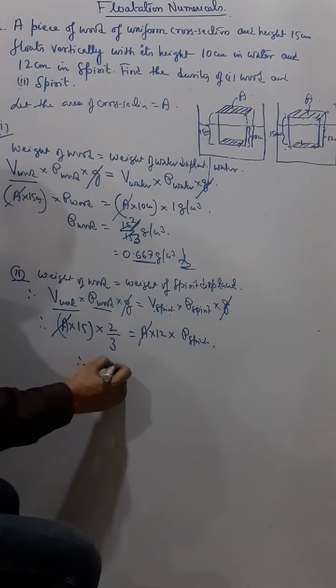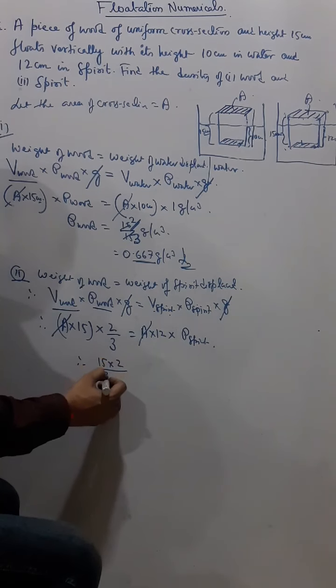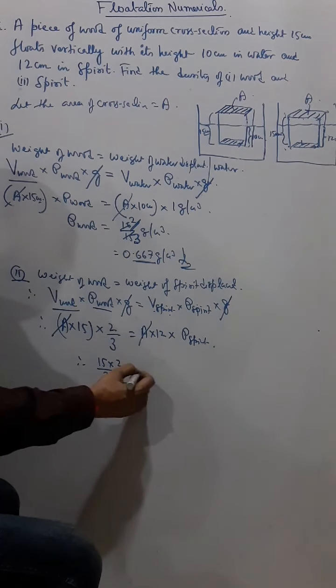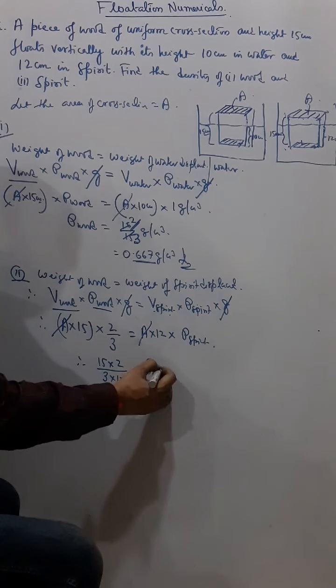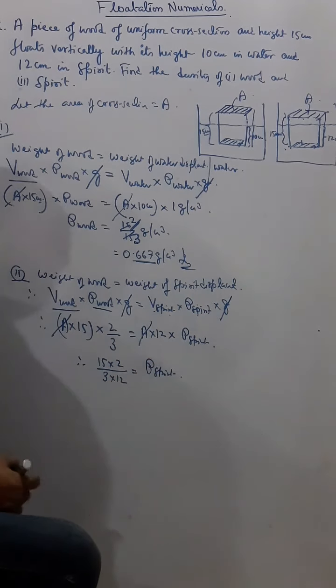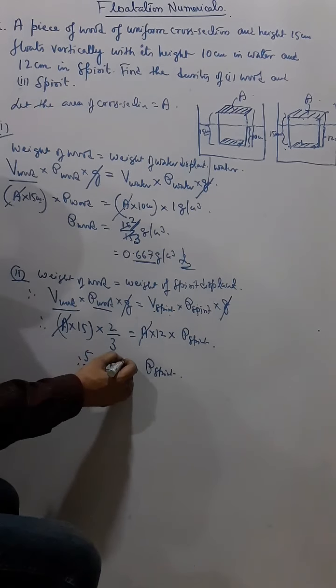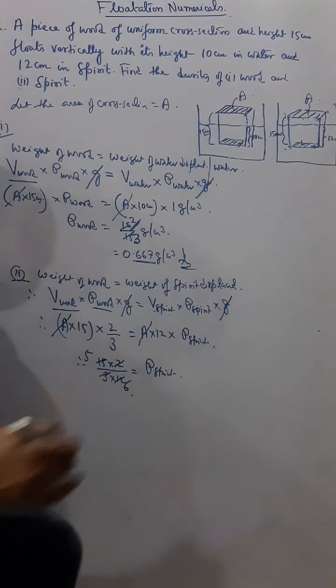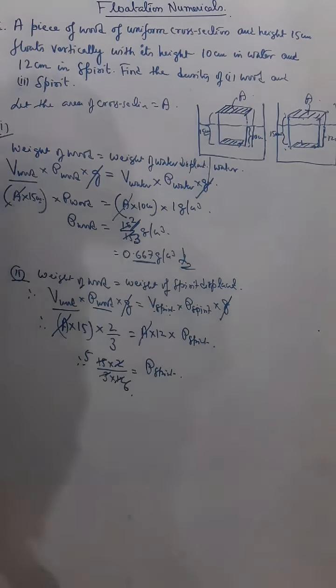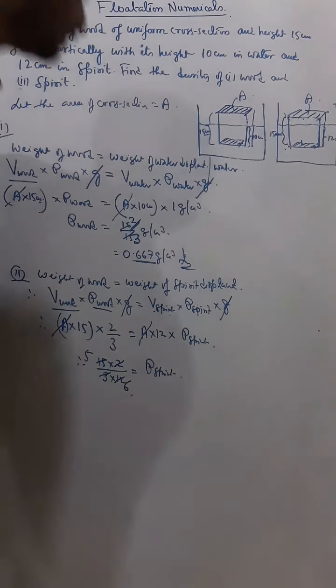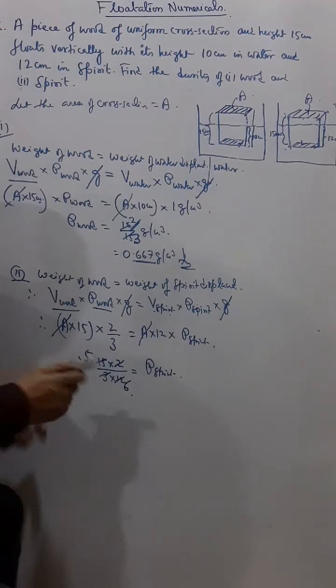So finally I get 15 into 2 by 3 into 12 is equal to the density of spirit. So we get 5 by 6, which is 0.833.